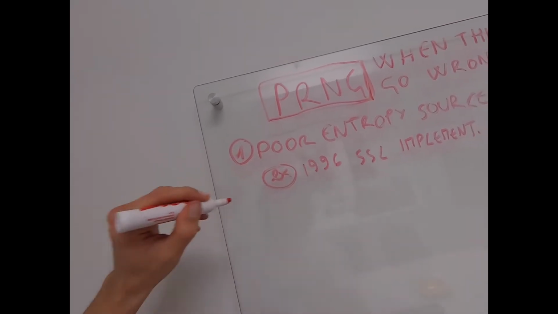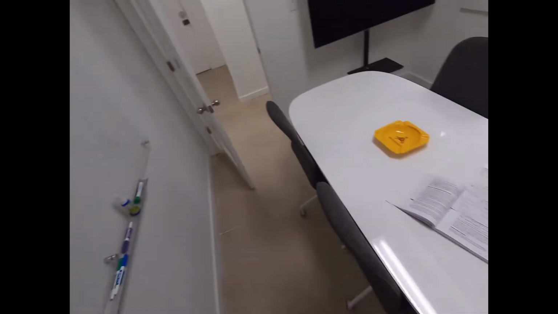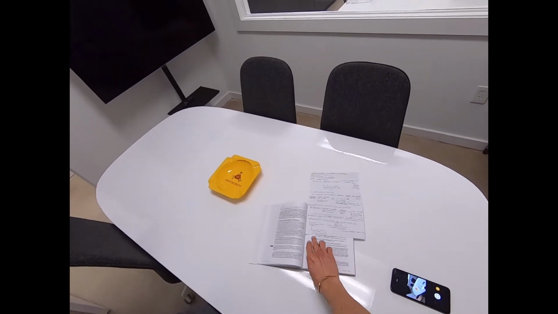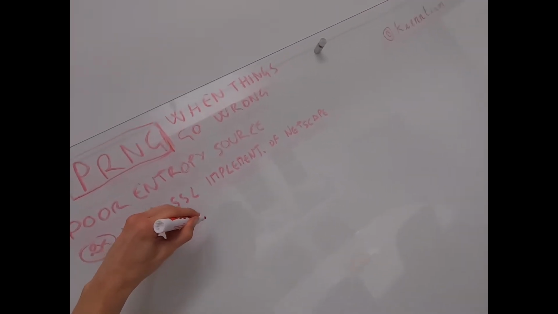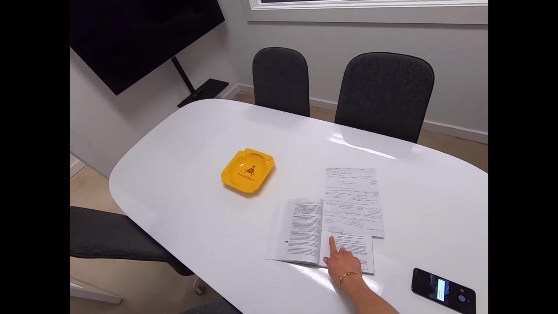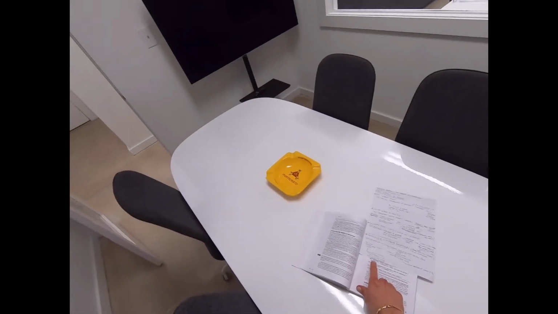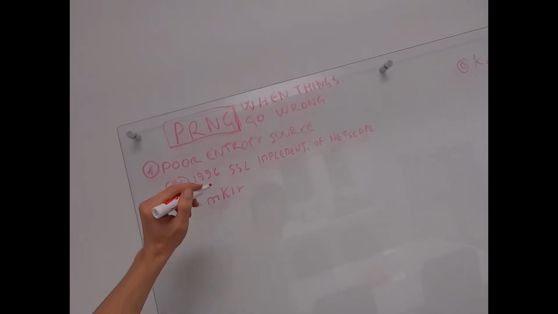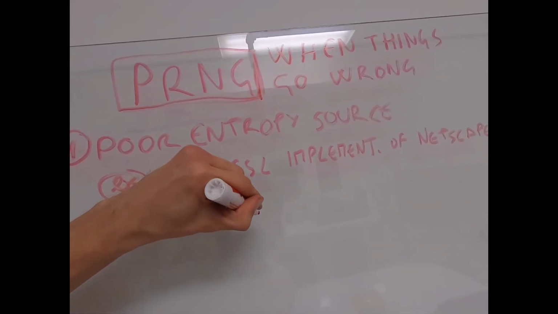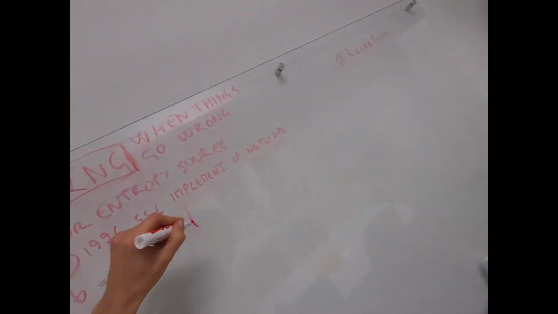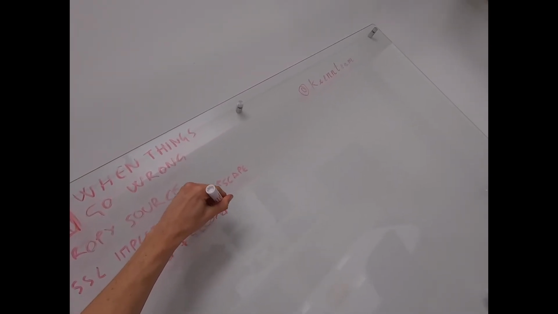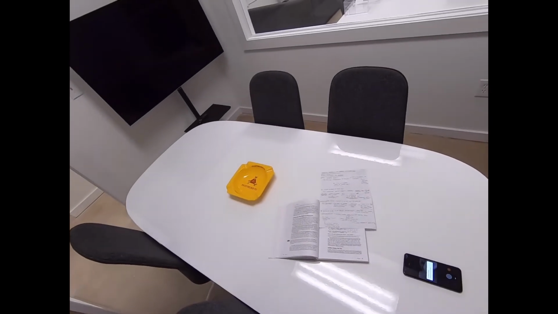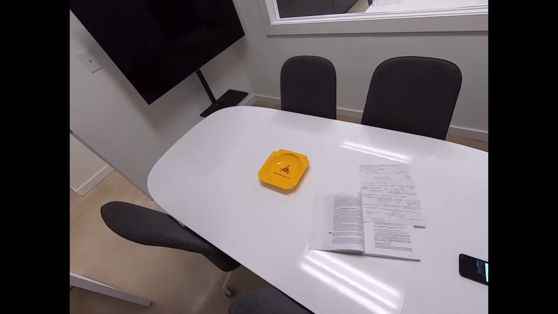So the value of b is given by MKL CPR, and this function has the PID, the seconds, and then plus PPID.